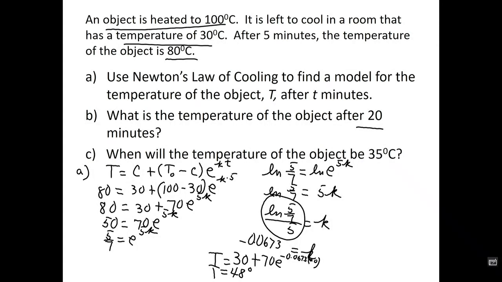Now to answer the question, after 20 minutes, the temperature will be 48 degrees.